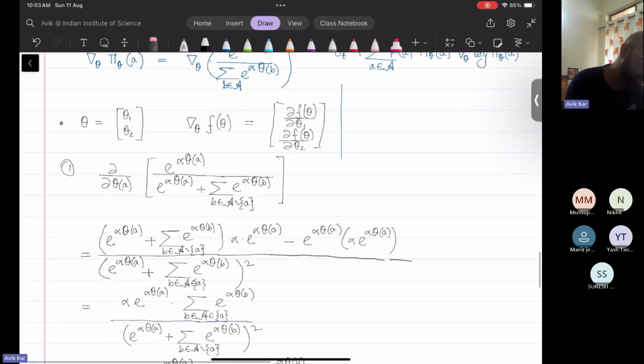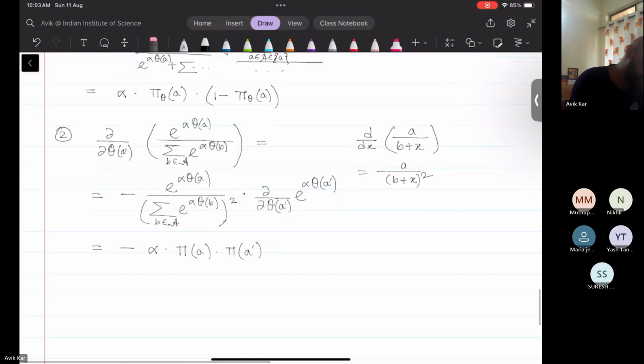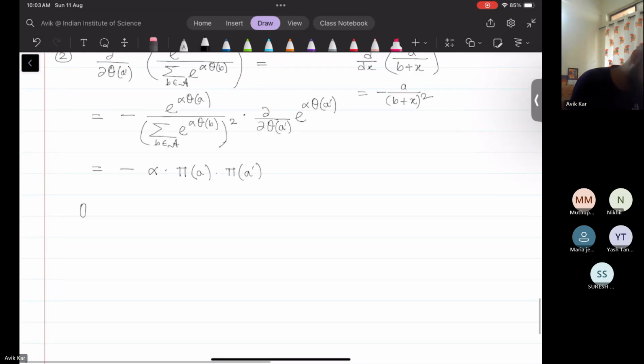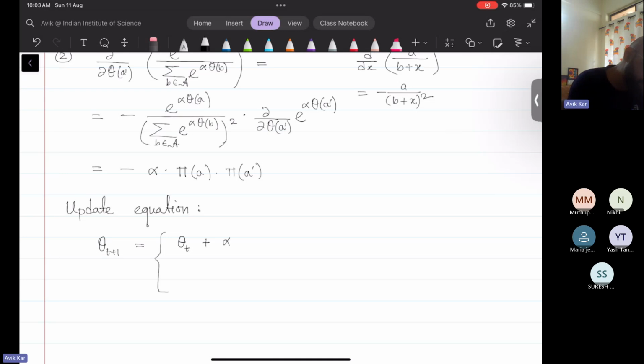Now how will we compute this theta t update equation? Theta t plus 1 equals theta t plus alpha.